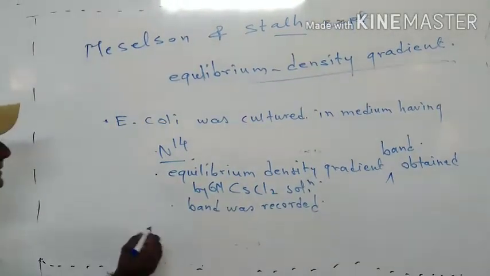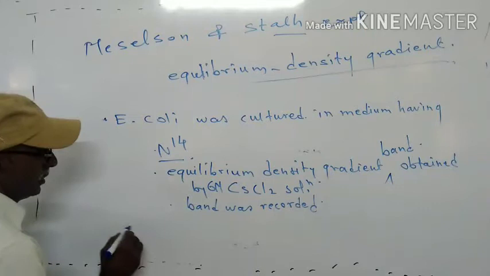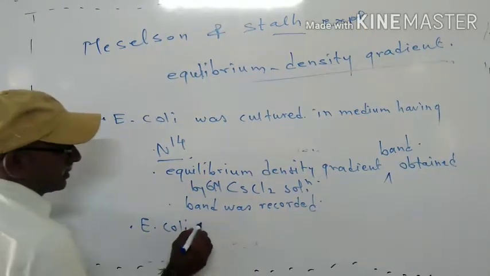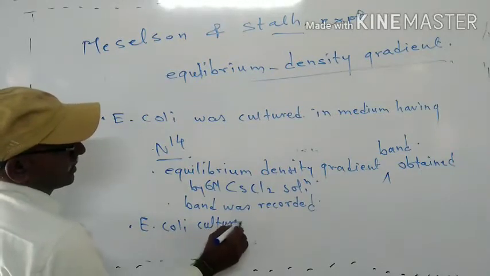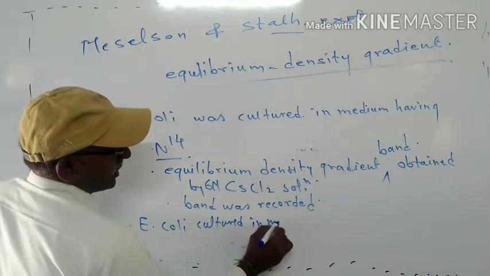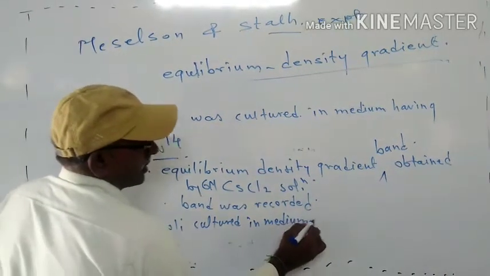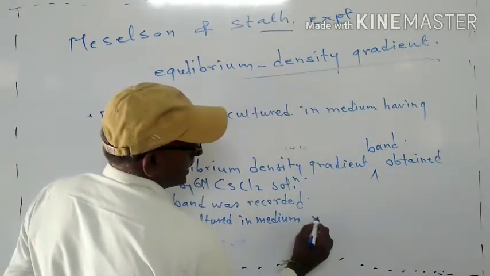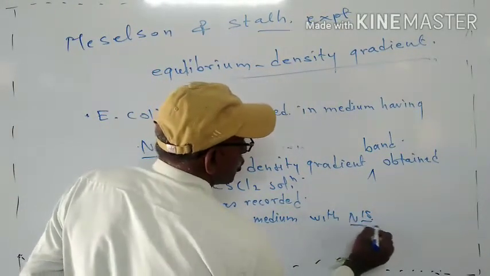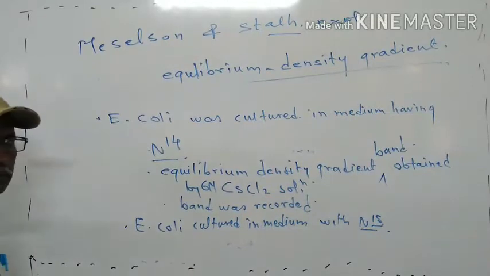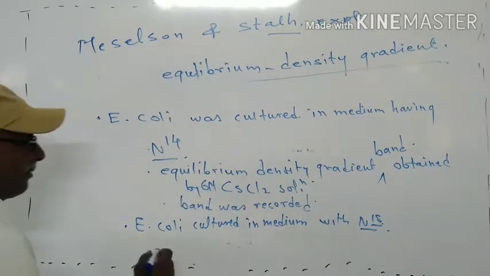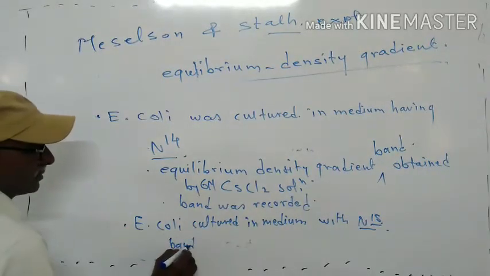Then in the second step, what do they do? E. coli was cultured in a medium with N15, the heavy isotope of nitrogen, and the band was recorded.